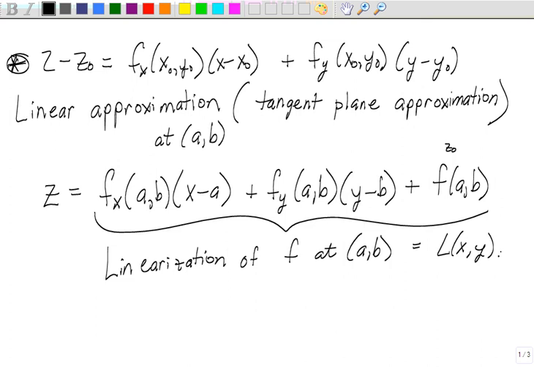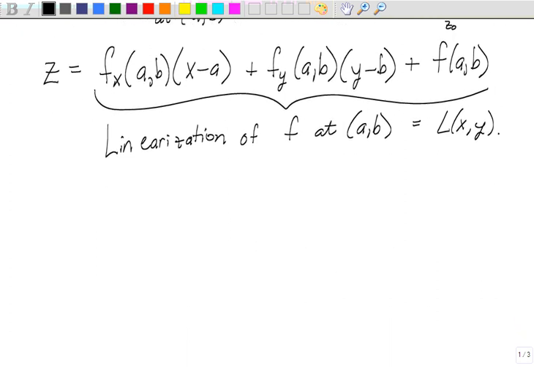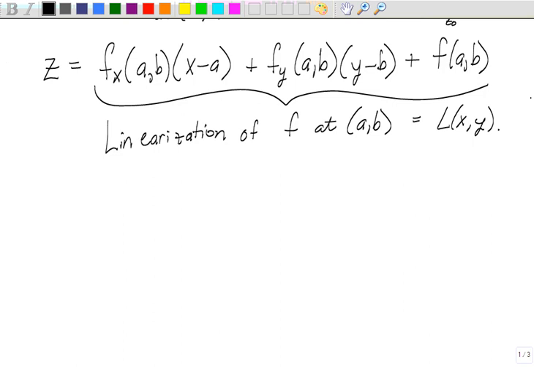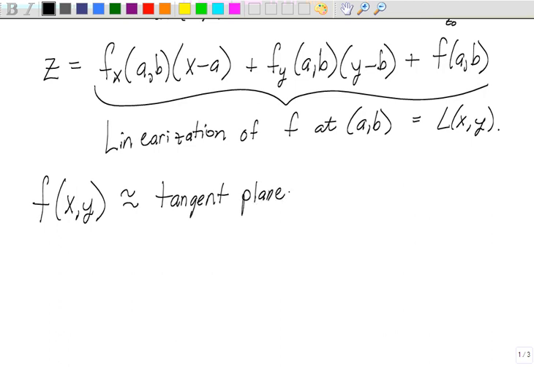Now you'll see how we do a problem in the example homework problems. I'm not going to do an example here because you can just look at those. But what we're going to say is that the surface at the point is approximately equal to the tangent plane equation at a point (a, b), and this is approximately equal when we're near to (a, b).